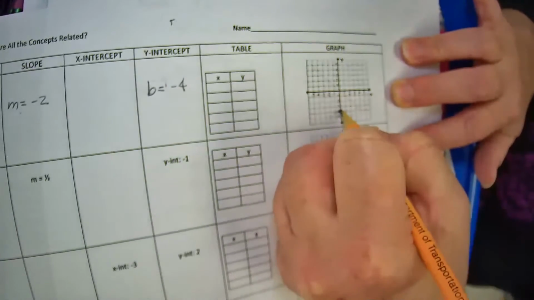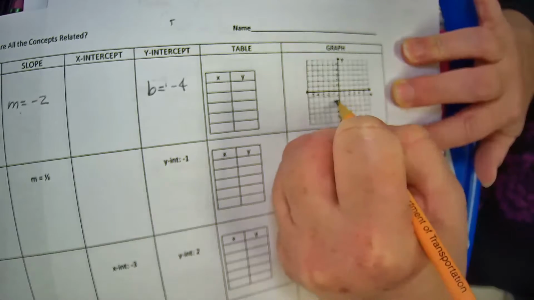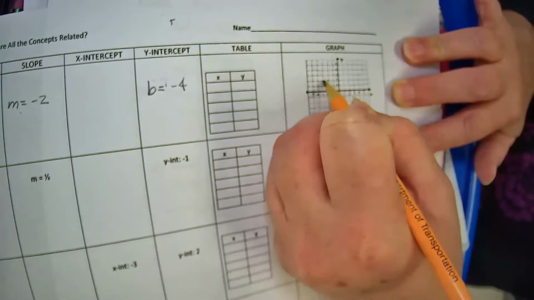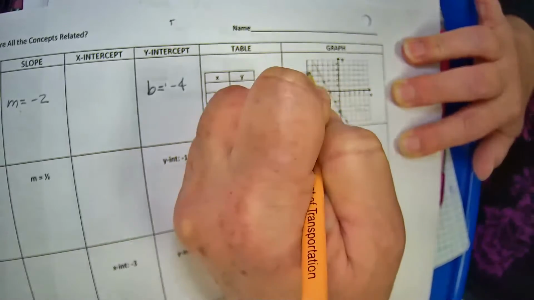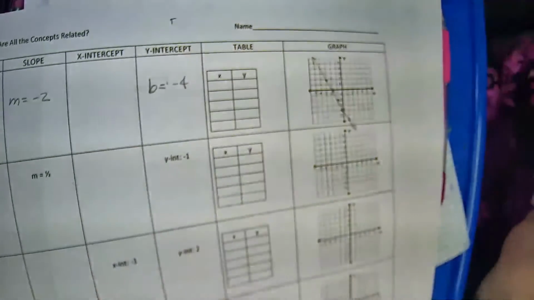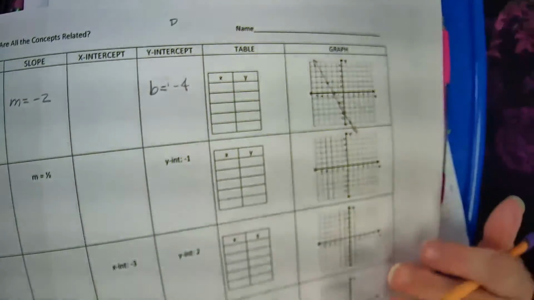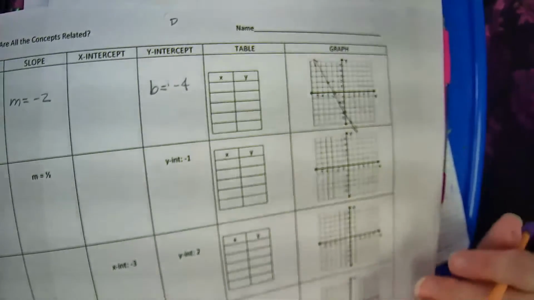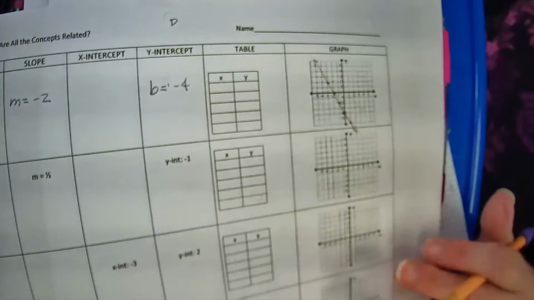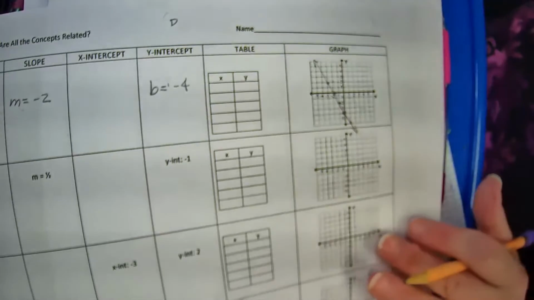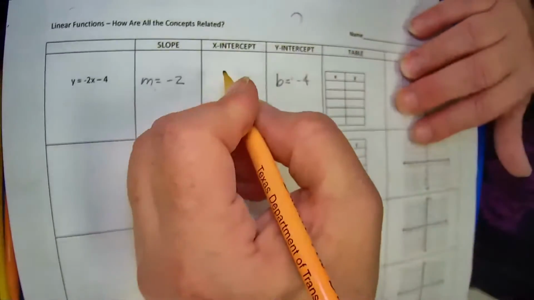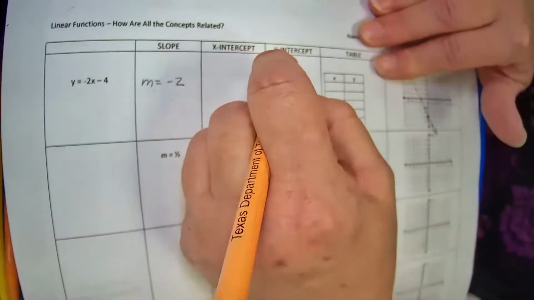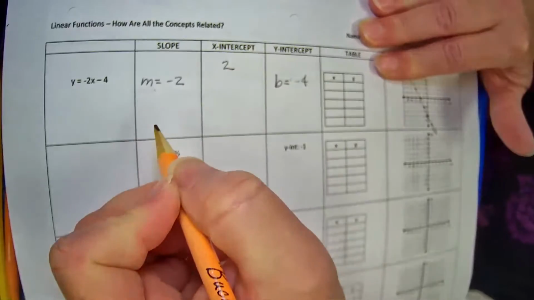So we go -4 and we go down 2, right 1, up 2, left 1, up 2, left 1. So there's our line. Now, what's our x-intercept? If the y-intercept is where the line crosses the y-axis, exactly, the x-intercept is where the line crosses the x-axis, which is at 2. Now, there's not a letter like B to say that, but our x-intercept is 2.